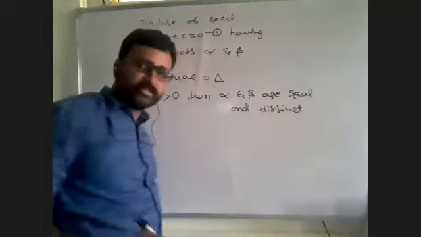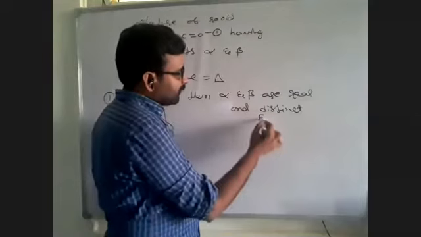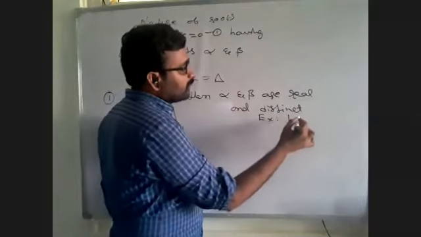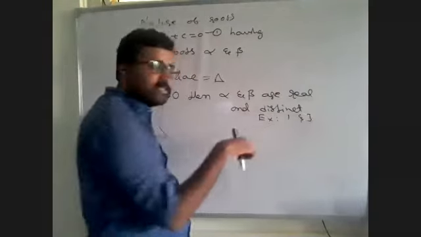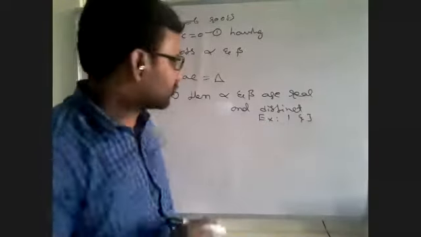Distinct means different. For example, 1 and 3: here 1 is real, 3 is real, but they are different, distinct roots. So this is the first case.